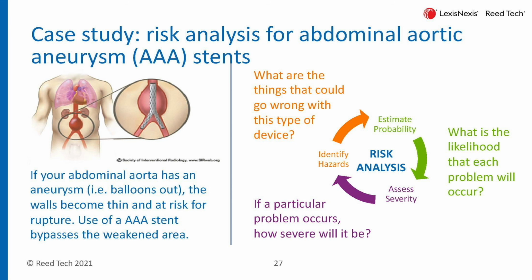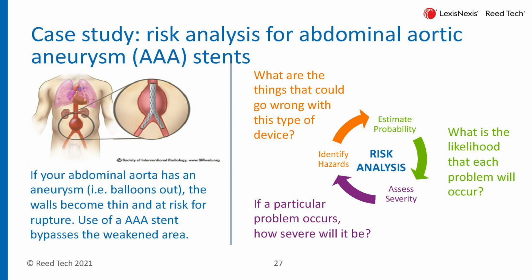And as an example of how this can be useful, here's a case study from the perspective of a quality engineer at a medical device manufacturer. So a simple approach to risk analysis might include first identifying the potential hazards and failure modes that might occur with a device or similar devices. And second, there is a need to determine how likely they are to occur.